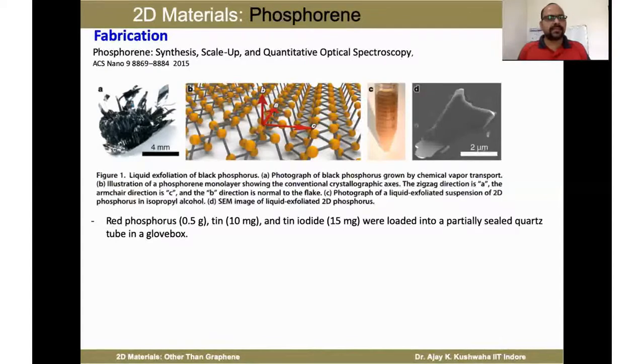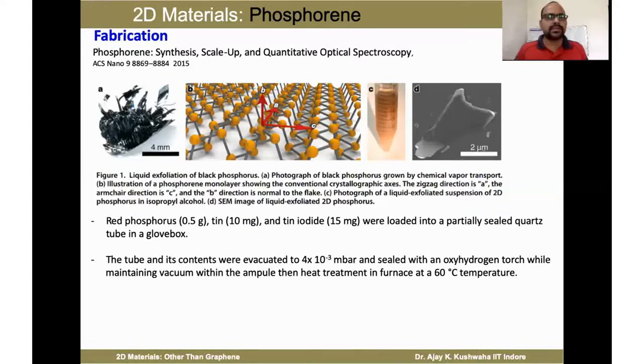In the synthesis, they took red phosphorus and added tin and tin iodide, and these were loaded in a partially sealed quartz tube inside a glove box. Then this quartz tube was sealed under a very high vacuum, around 4 × 10⁻³ millibar, with an oxyhydrogen torch. Then it was heat treated in a furnace at 60°.